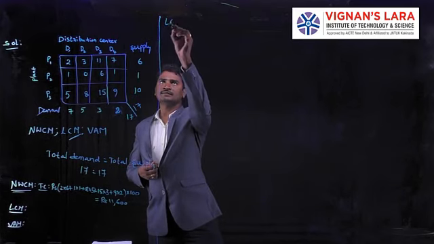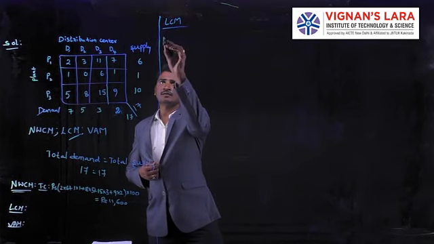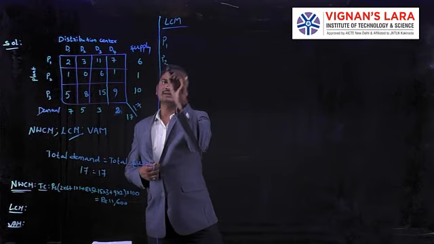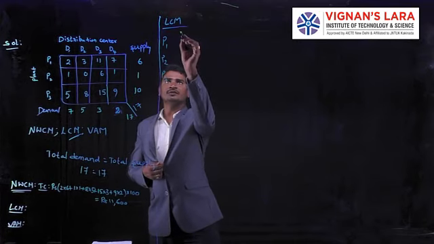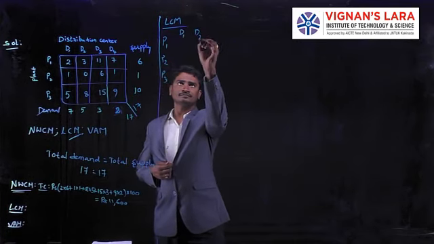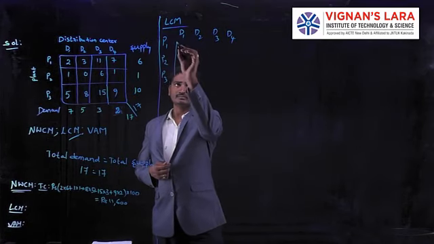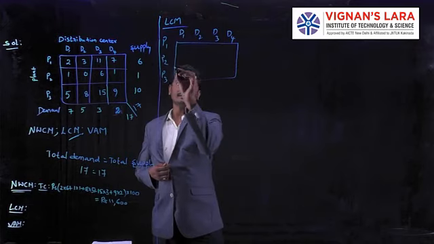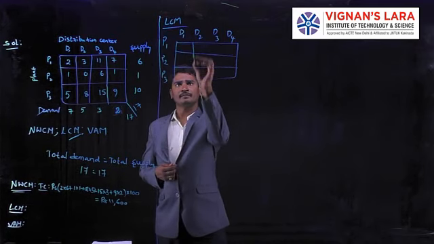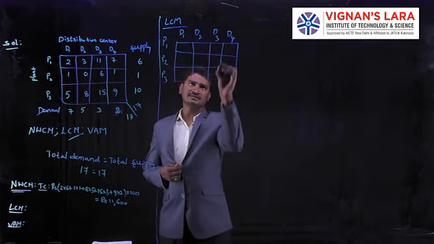The least cost entry method means we identify the least cost and allocate the units. Here we have a total of 4 demand stations and 3 plants. For each plant we have the unit costs as well as demand and supply values.